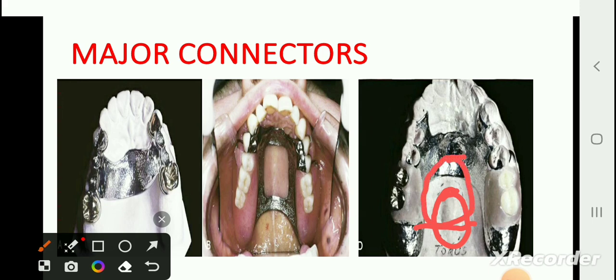In case of hard median palatal raphe, relief is a must. Otherwise, it is not routinely indicated in the maxillary or palatal major connector. And the relief is done with 20 gauge wax.